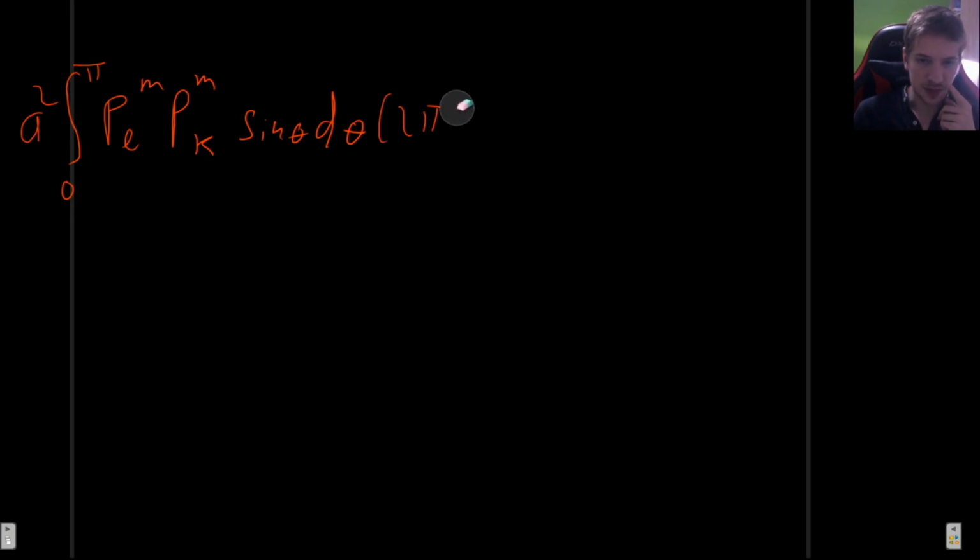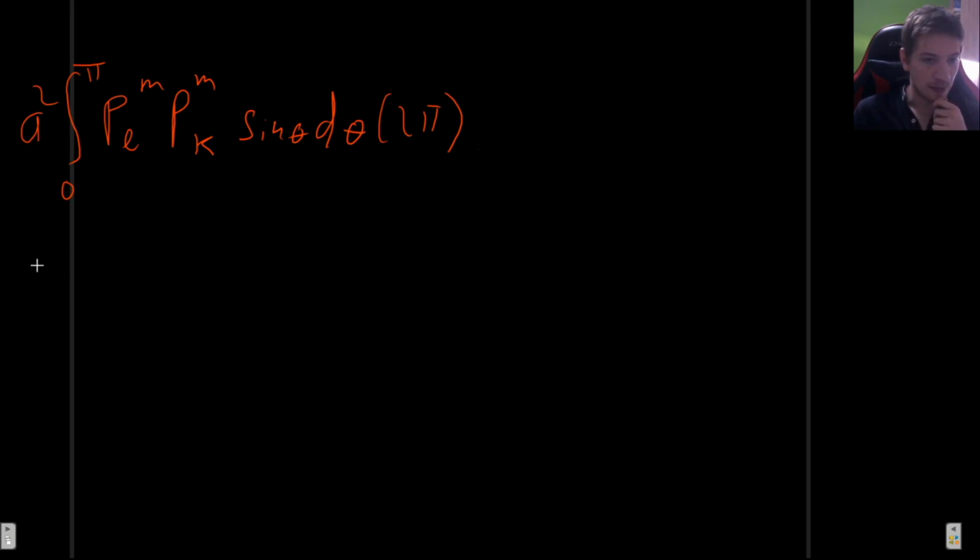And okay, we have this 2π here. So what is this going to be equal to? Now here we have to use a property that I'm afraid I can't really explain much, because it was quite long, and this is the orthogonality relation for the Legendre polynomials.